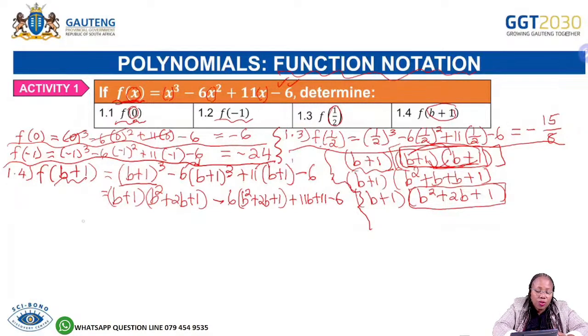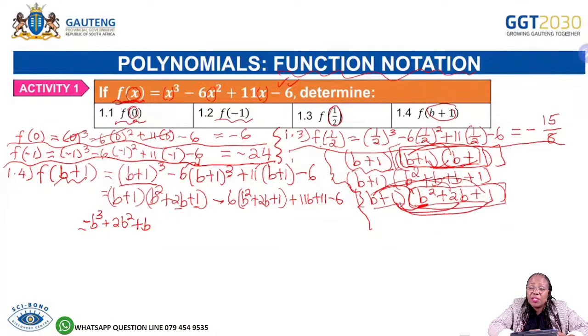Okay, continue in terms of b. We are now bringing in this bracket into that trinomial. We first multiply each term by b there. That means if we bring a b there, it will be b cubed, and then b times b squared... plus 2b squared, b times 1, that is b, correct? And then we now multiply with the 1 in each term. That means multiplication by 1 is the same thing.